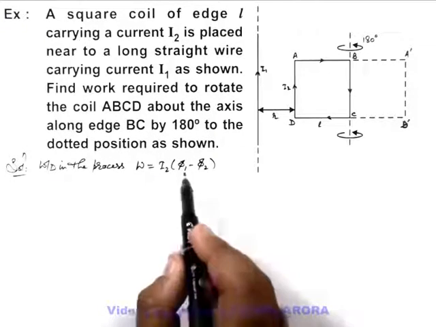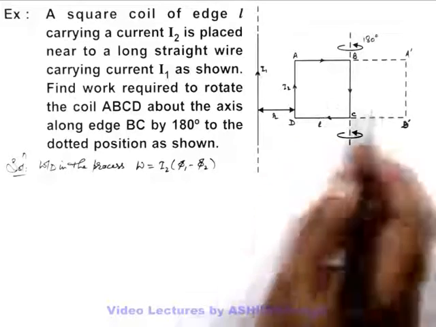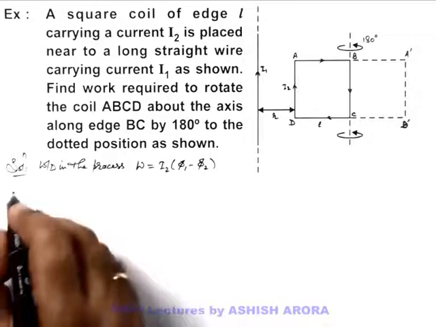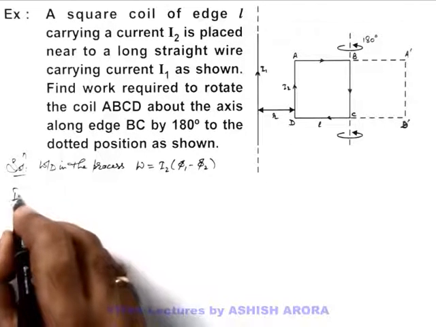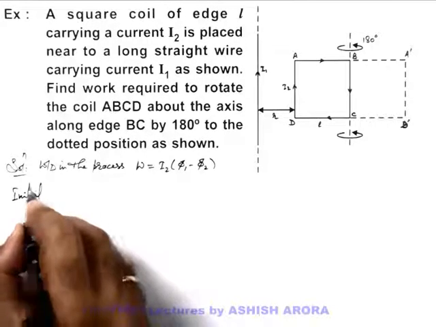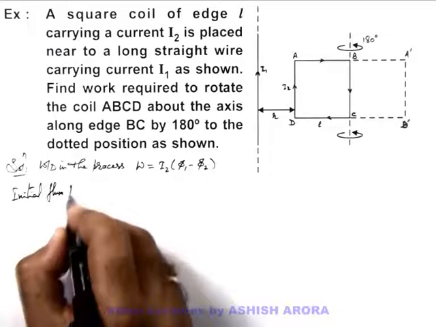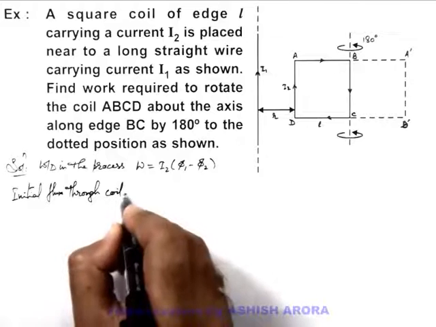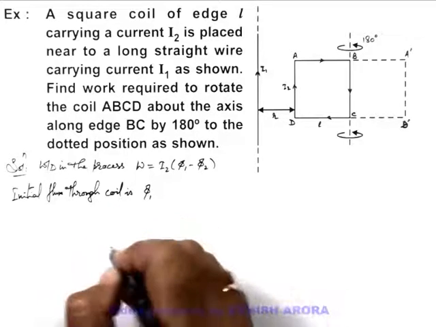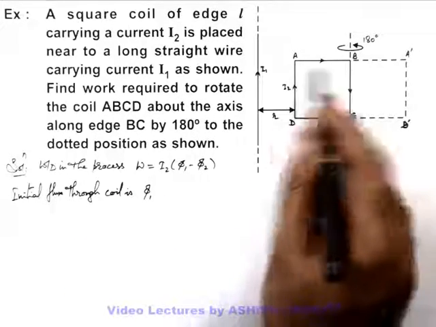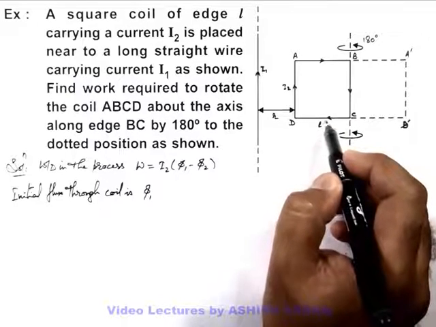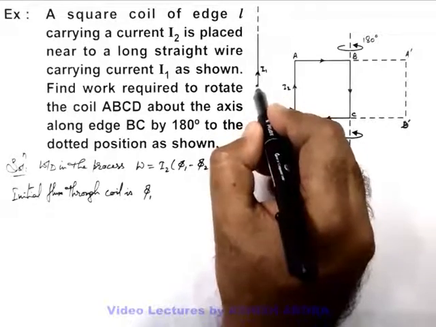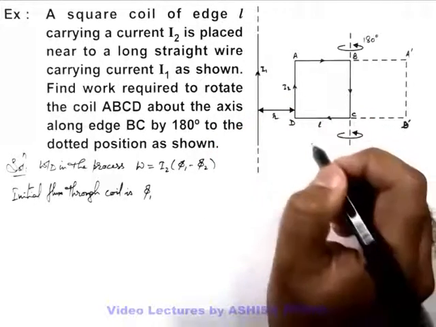So we are going to calculate the flux through the coil in the initial and final stage, and then we substitute over here. So here we can write the initial flux through the coil, phi1. The flux through this coil can be calculated by considering an element, because the magnetic field due to I1 will be varying in this coil.